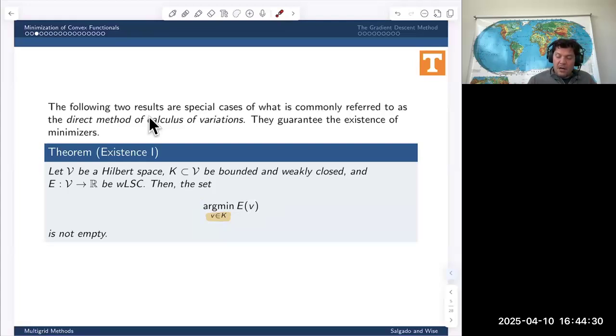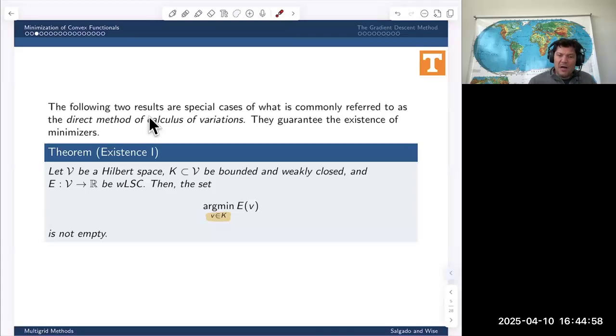Now, notice that I'm not minimizing over all of V. I'm minimizing over some bounded and weakly closed set. And if I minimize over some bounded and weakly closed set, and all of these other things hold, then I'm guaranteed that there's going to be a minimizer in there. All right, so that's what is usually called the first theorem in the direct method of calculus of variations.